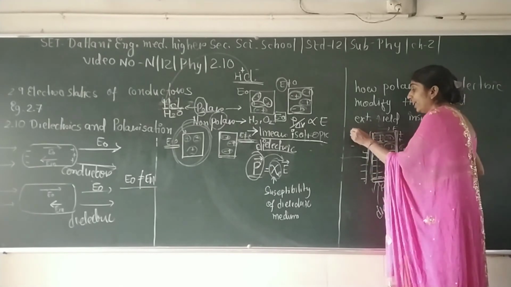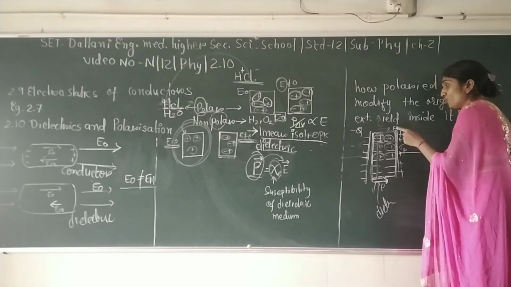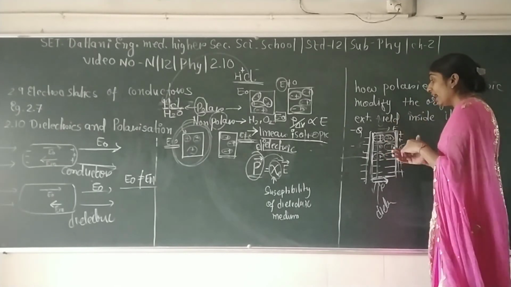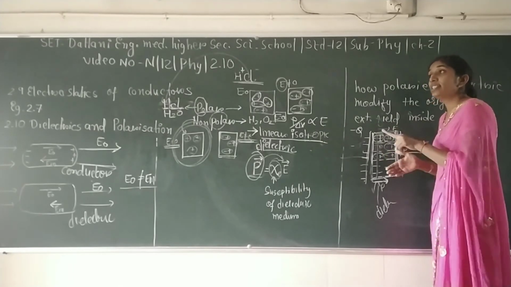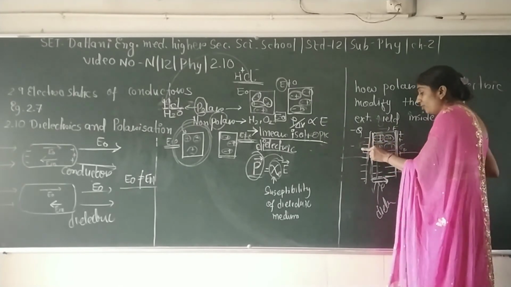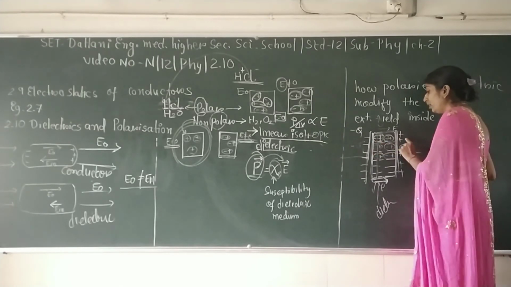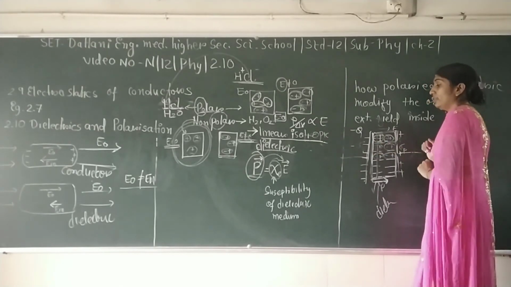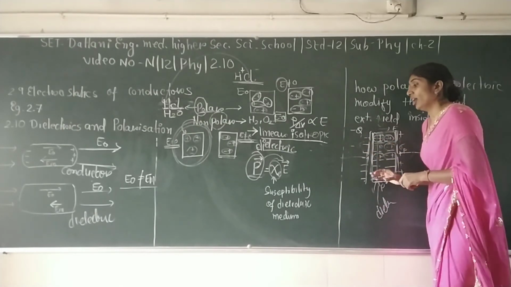There should be a negative Q charge over here and a certain positive charge over here. Charge per unit area is called surface charge density, which can be denoted by sigma p. So over here there is a positive sigma p charge, and over here a negative sigma p charge.